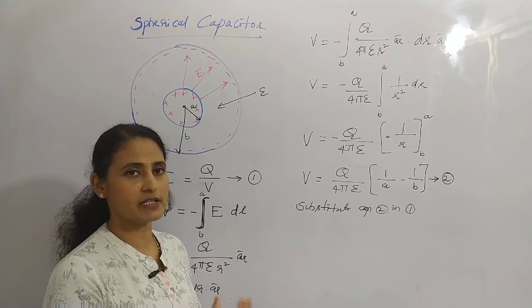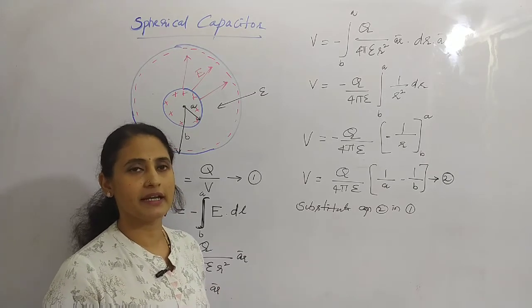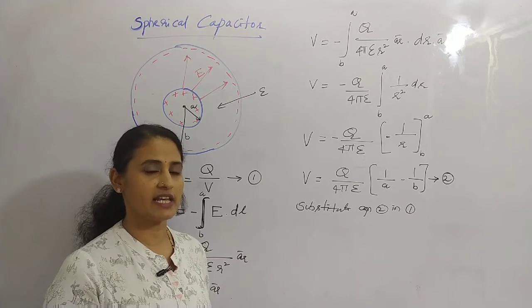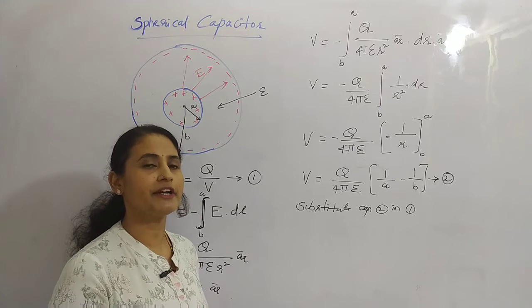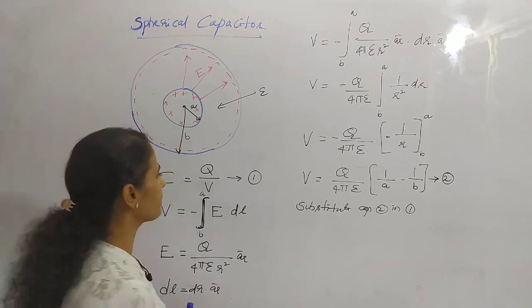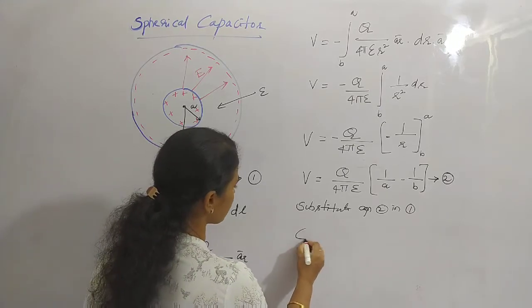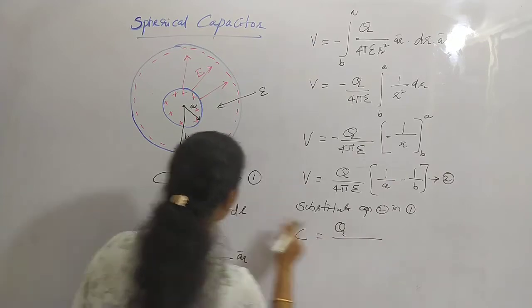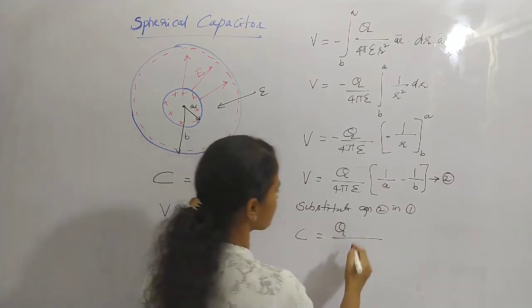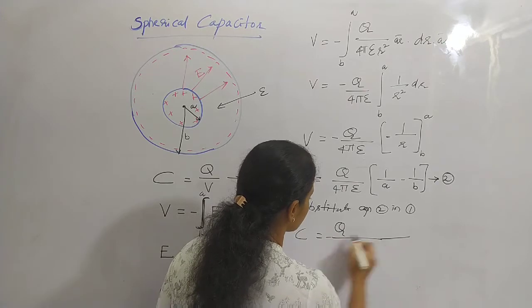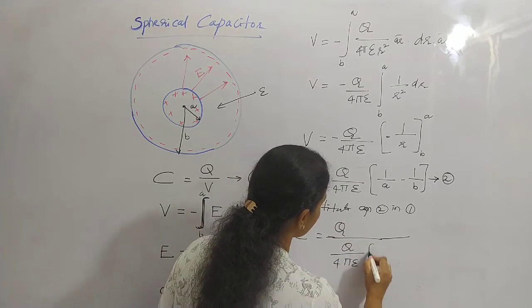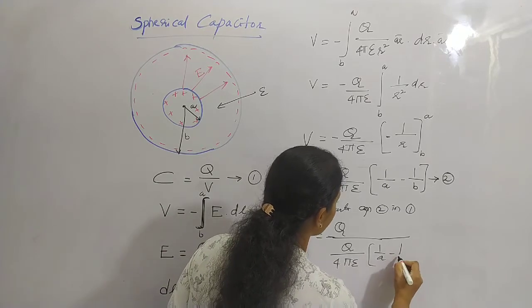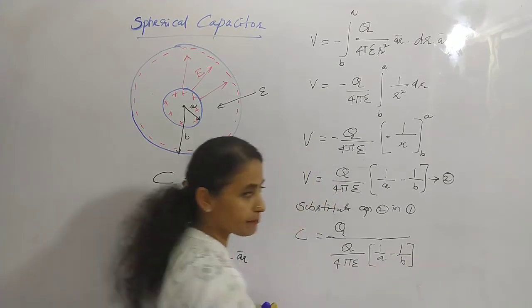There are two spheres with different radii, and opposite charges of the same magnitude are accumulated on both spheres. Now the capacitance C is given by Q, the numerator as it is, and V is given by Q by 4 pi epsilon into 1 by A minus 1 by B.